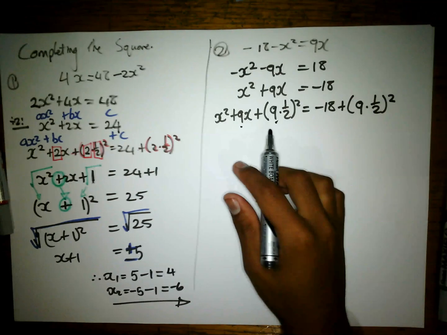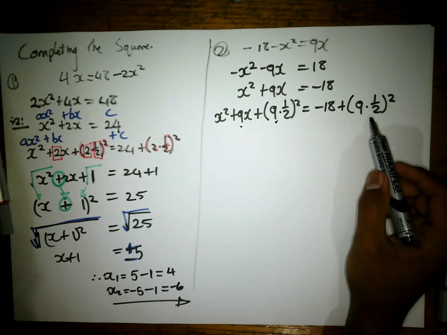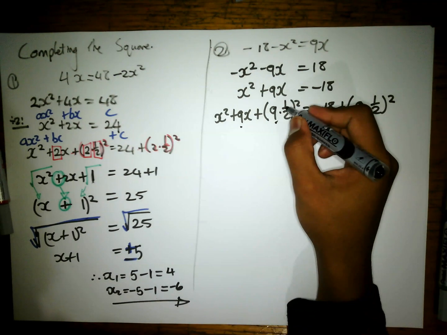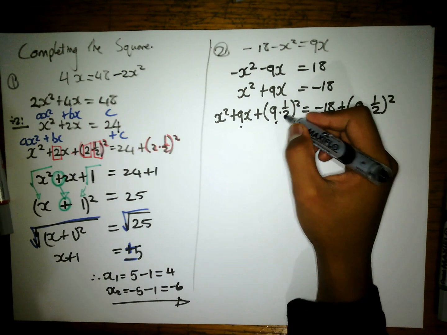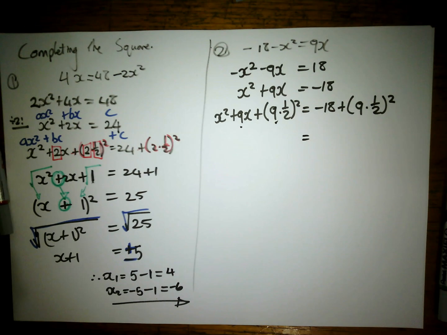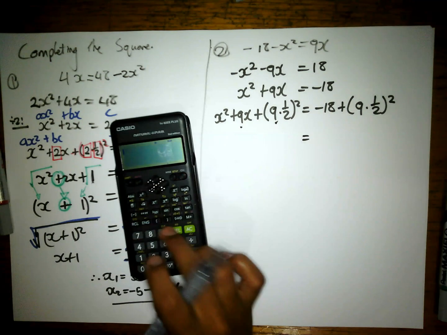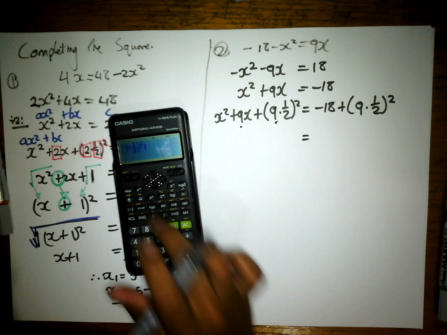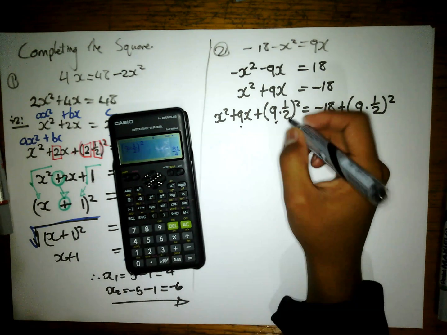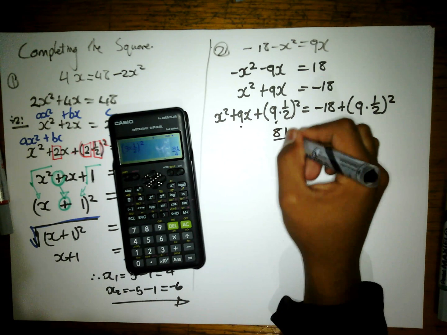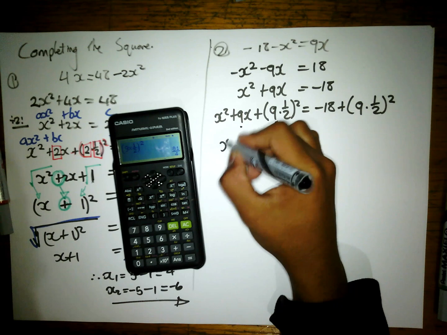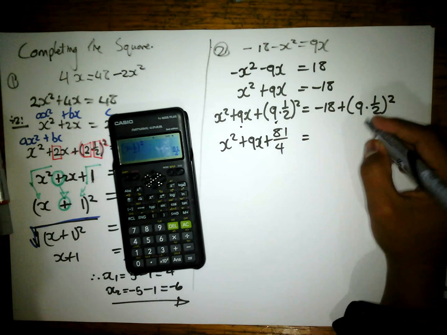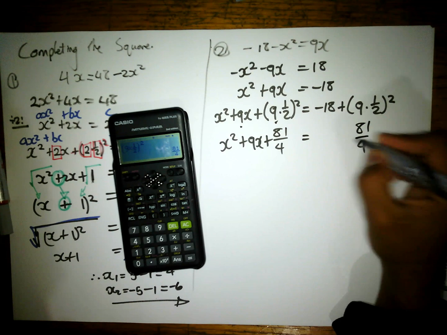You add it on this side and you add on this side. So 9 times half is 4.5. Let's do this in the calculator. 9 times half squared is 81 over 4. x squared plus 9x plus 81 over 4.